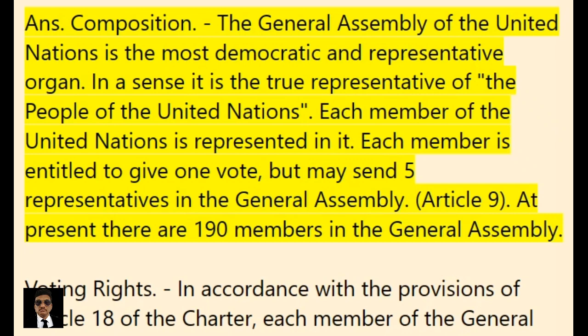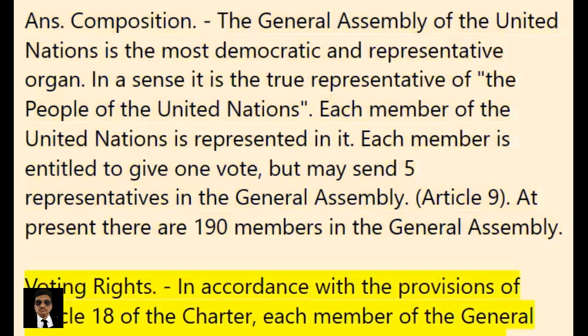In a sense, it is the true representative of the people of the United Nations. Each member of the United Nations is represented in it. Each member is entitled to give 1 vote, but may send 5 representatives in the General Assembly. Article 9. At present there are 190 members in the General Assembly.